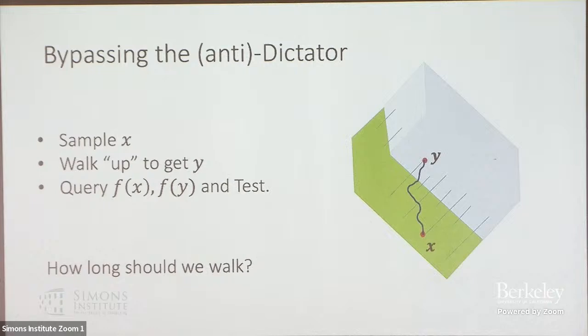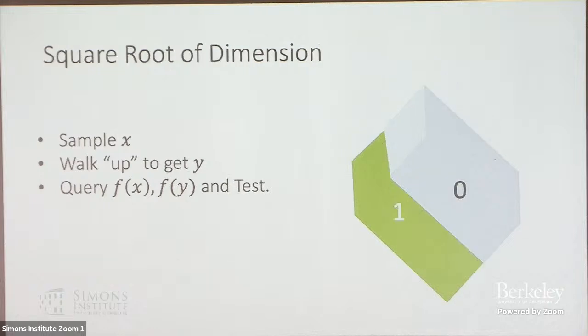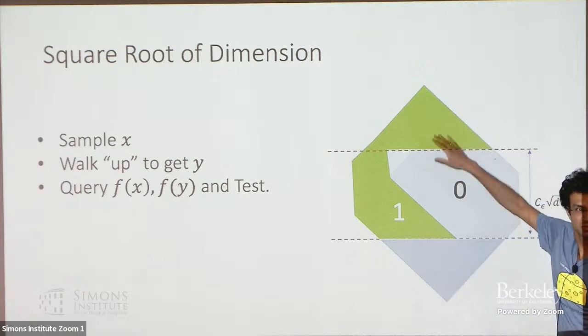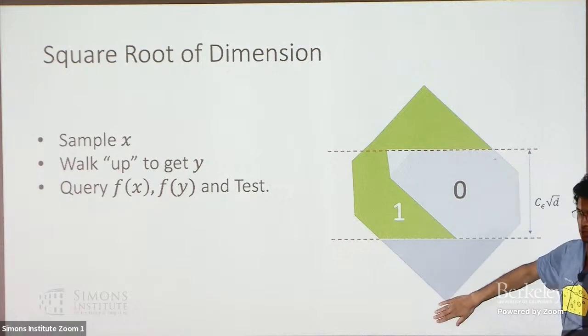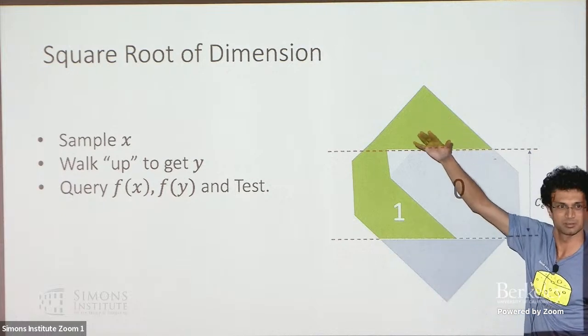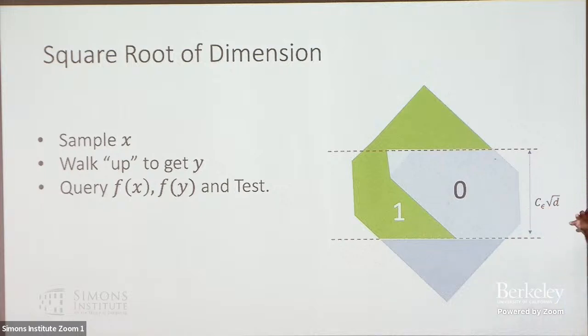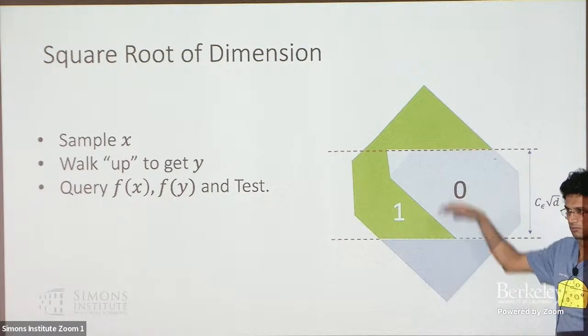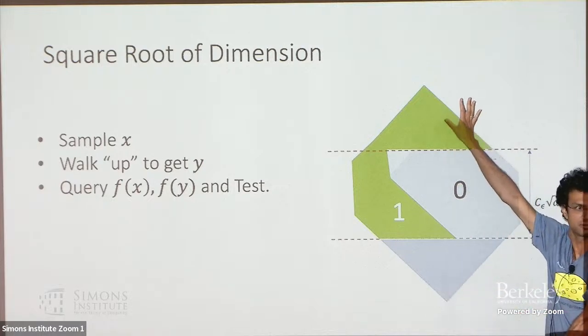In the context of property testing, all the mass lies in the middle root d layers. You don't want to ever go into these regions, because an adversary could fool you by putting a bunch of zeros here and ones here in the caps. So you want to only walk in the middle. This is really where all the action of the hypercube is happening. You never want to be over here, because that's a tiny fraction of the mass.